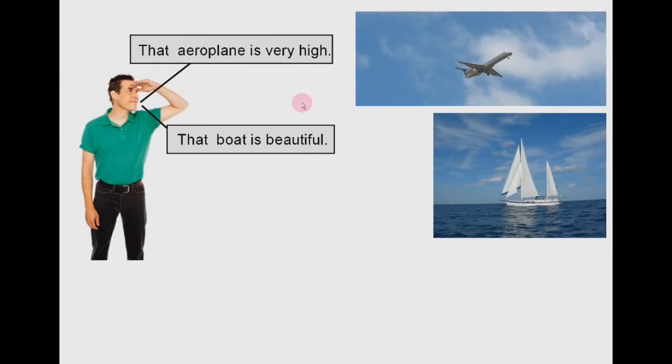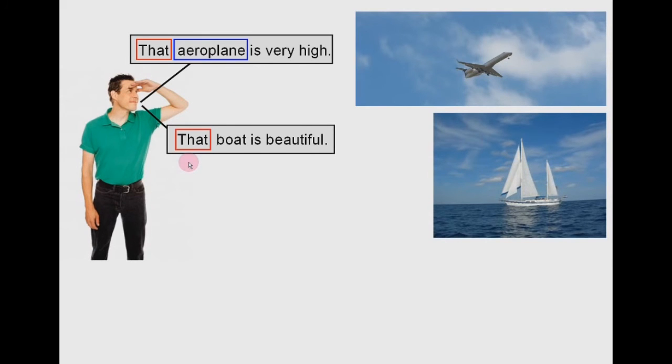So this time we are talking about a single object which is far from the person who is talking. And so we use the word that. And we are talking about a specific noun. So this is that with a noun. So we're talking about a specific aeroplane which is far from the person.